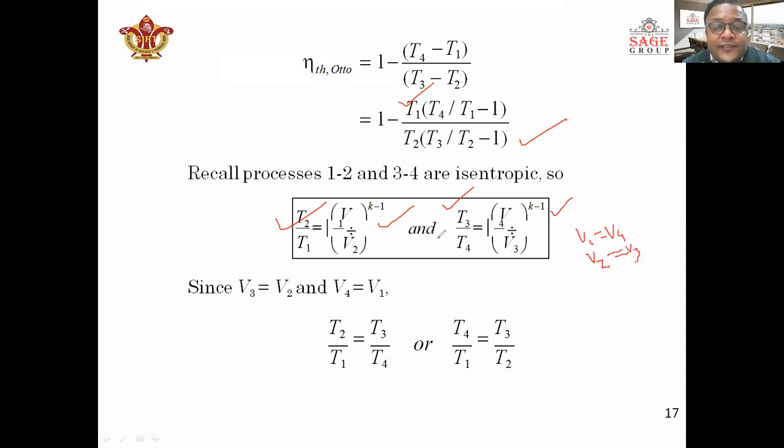So these equations are equal, and T2 by T1 is equal to T3 by T4, and T4 by T1 is equal to T3 by T2. When we look at this, these cancel out up and down, so the formula will reduce in the next slide.